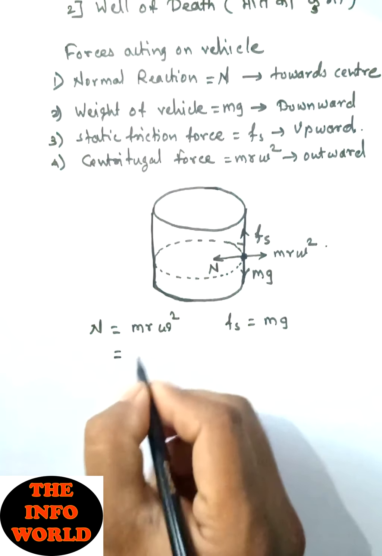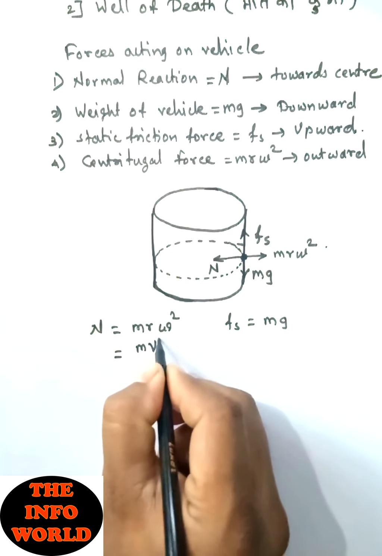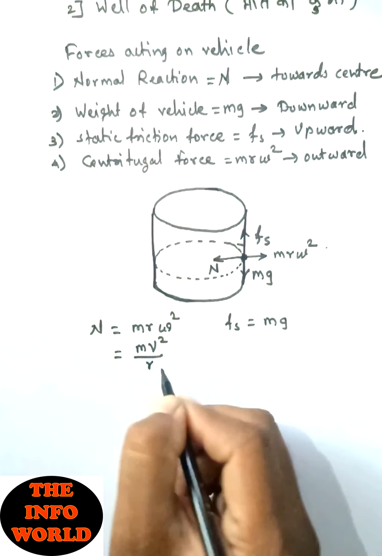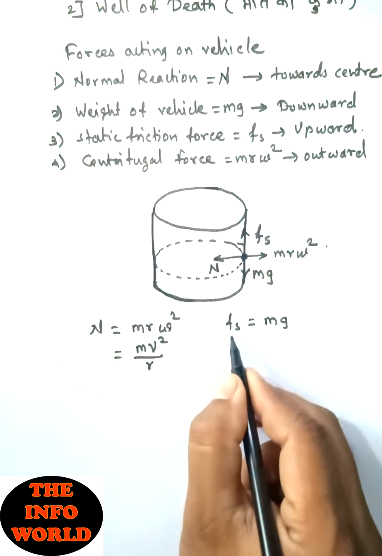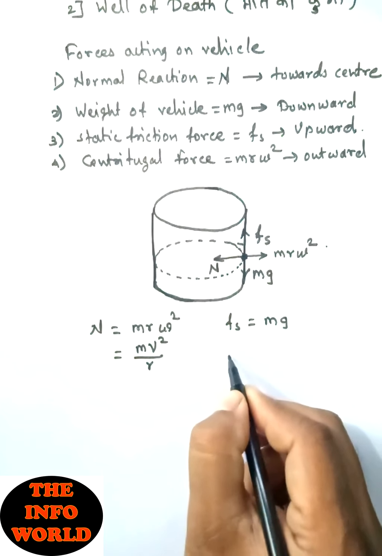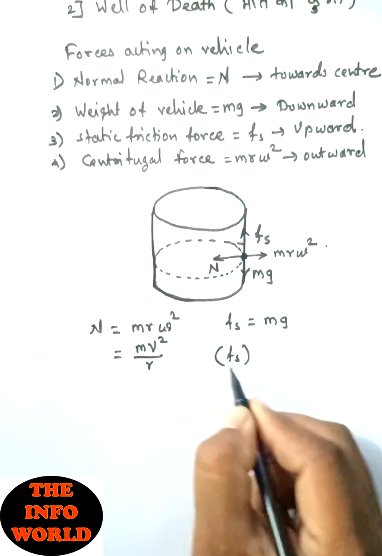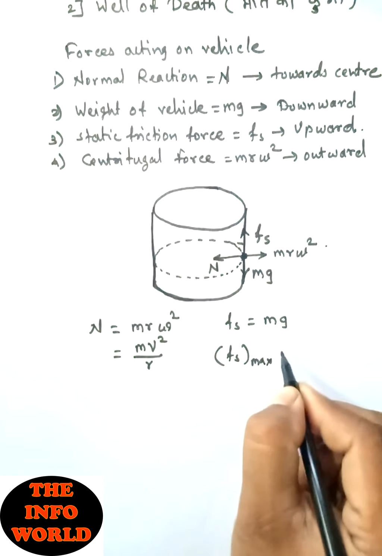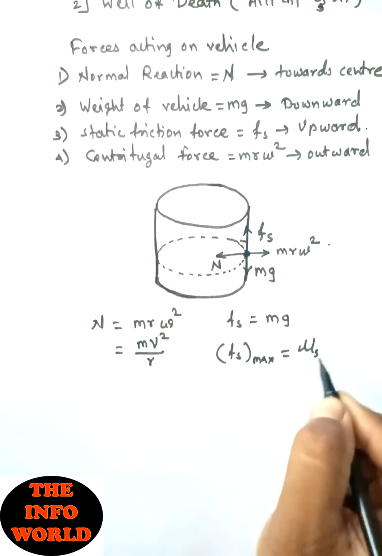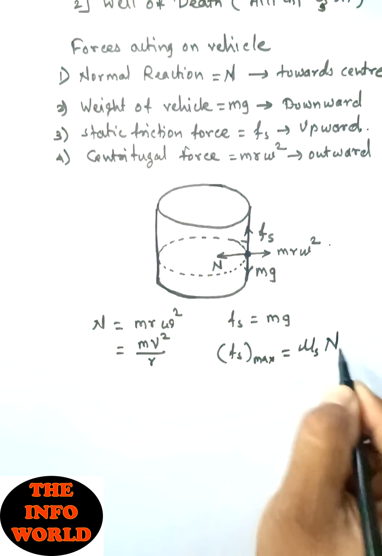So this can be written as mv square by r, and the maximum value of Fs is mu s into n.